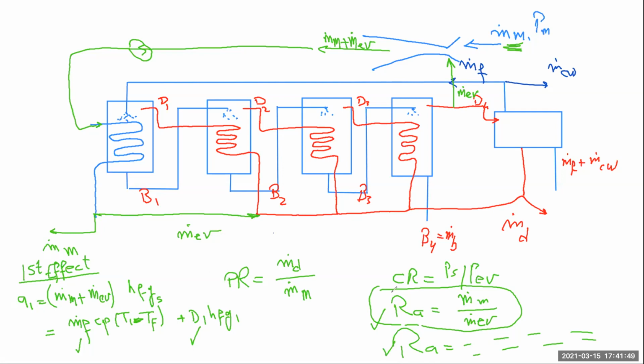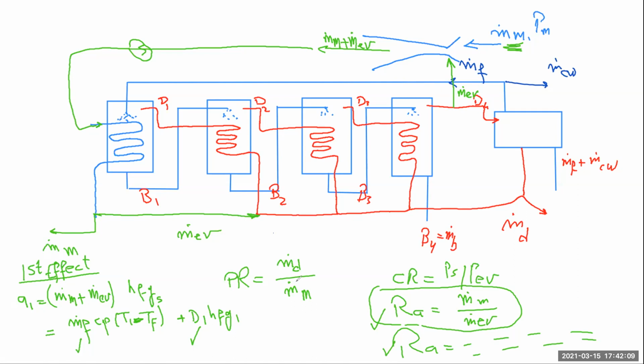So we have two equations and two unknowns, and you can calculate m dot motive and m dot entrained vapor. That's the only difference that we can see in the analysis of a multi-effect distillation system with thermal vapor compression.